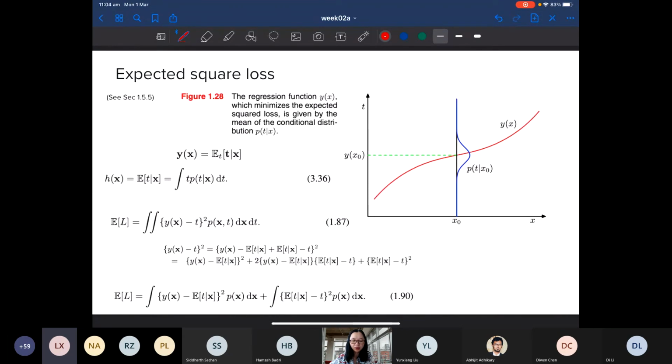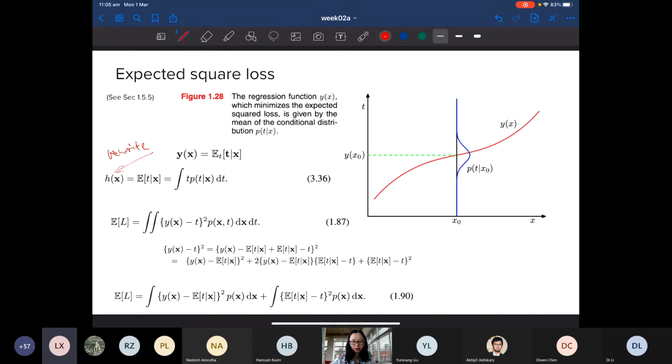That was in chapter 1. And then we essentially rewrite it with a slightly different notation in chapter 3. Now it's called h of x. It's an expectation of t given x, and we can write it out formally like that.